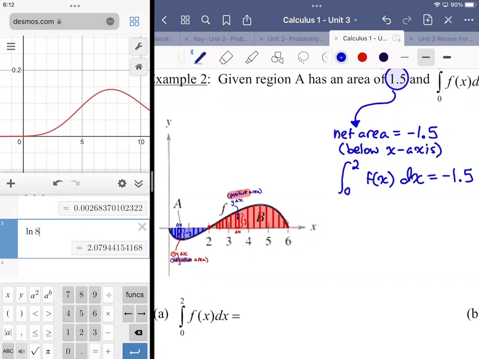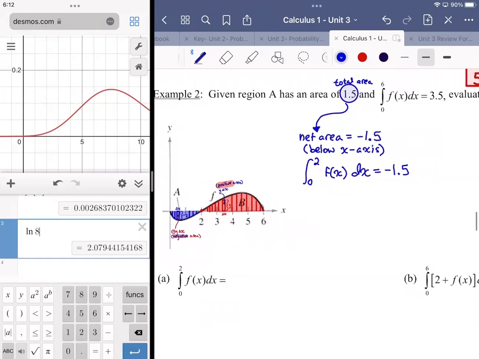Okay. Now, one of the properties that we learned tells us that if we break up an interval and find the net area over each part, and then add it together, that'll give us the complete net area over the interval.